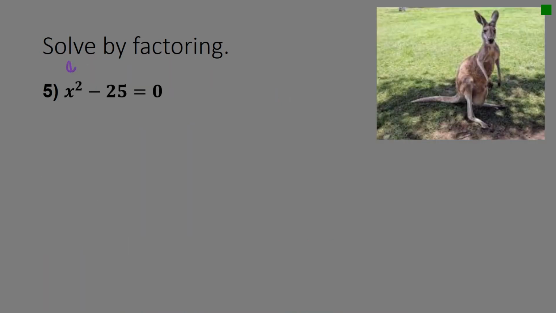Solve by factoring. I have two terms. It's a difference, which means there's a minus. Check. X squared is a perfect square. 25 is a perfect square, so I'm going to use difference of squares. So I'm going to put a little plus, a little minus, and I'm not going to forget the equals 0. What's the square root of x squared?